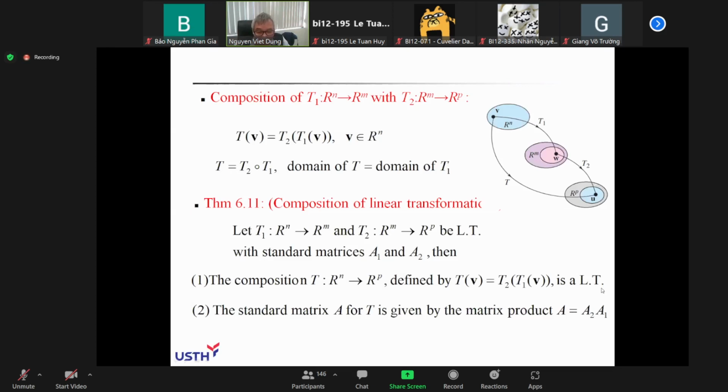And more than that, if the standard matrix of T1 is A1 and of T2 is A2, then the standard matrix A of T will be the matrix product A equals A2 multiplied by A1. Please pay attention to the order when you write A2 and A1. A2 goes first and then A1. It is the same as when you write T equals T2 composed with T1. That is a very, very important thing. Otherwise, you can make a mistake.